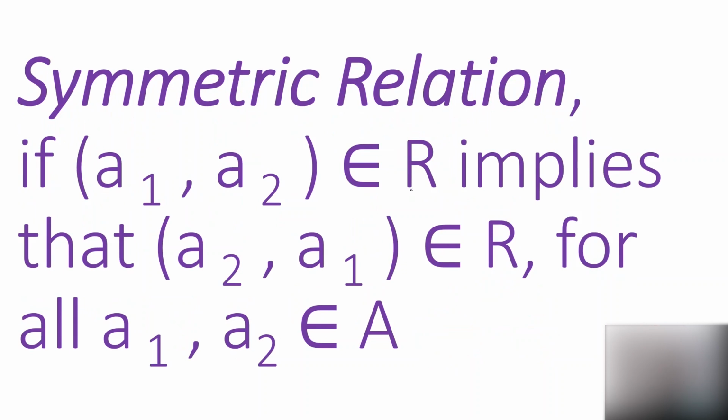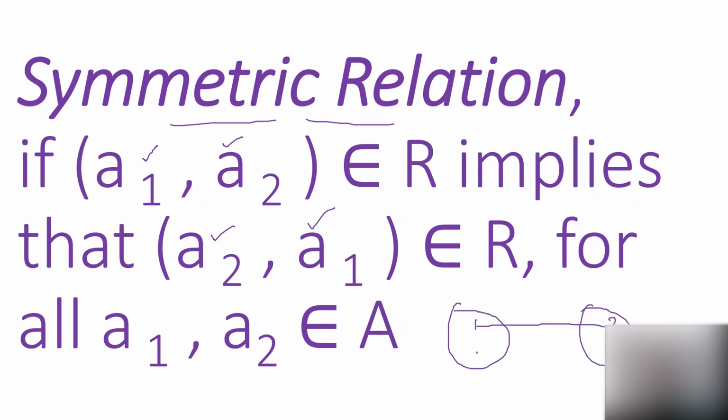Next is the symmetric relation. A relation R is said to be symmetric if a1 is related to a2 as well as a2 is related to a1. Then this relation is known as a symmetric relation. Let us consider an example: if 1 is related to 2 and 2 is related to 1, then we can say this relation is symmetric.